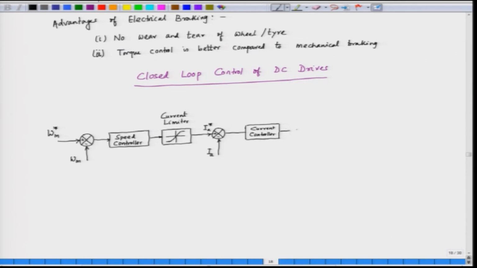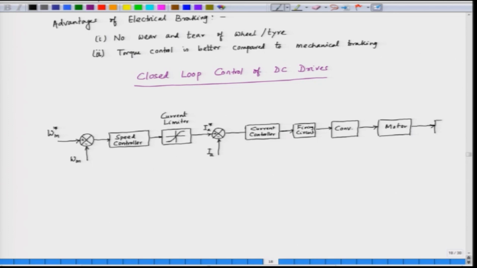And then we have the firing circuit, and we have the converter, and then we have the motor. And the motor usually is mechanically coupled to the load.